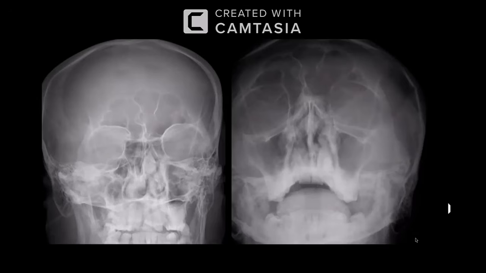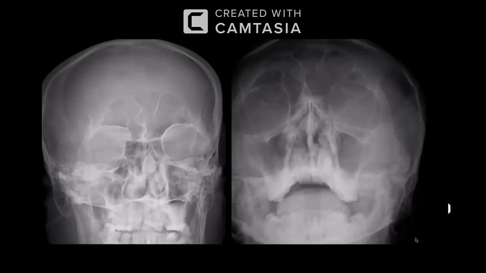I'm looking for any cause of the patient's symptoms, the cause of the headache, and I'm looking for any osseous lesion. So there is no aggressive osseous lesion noted, and there is no obvious fracture.